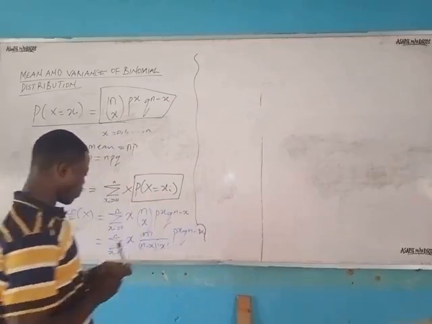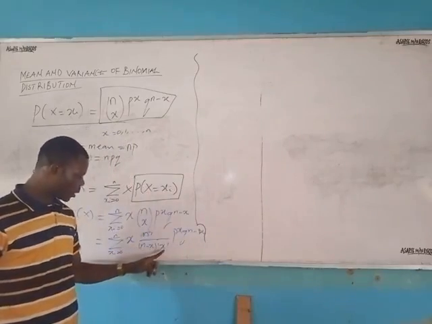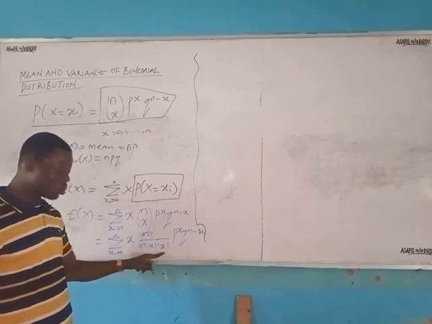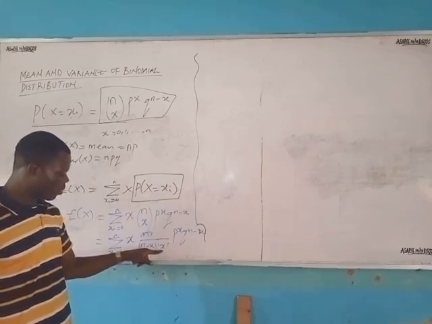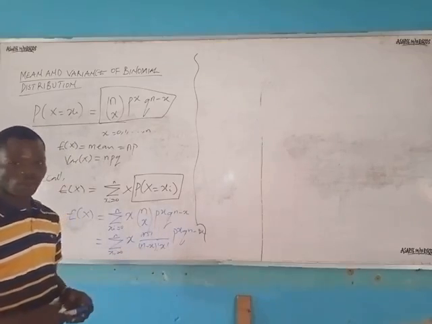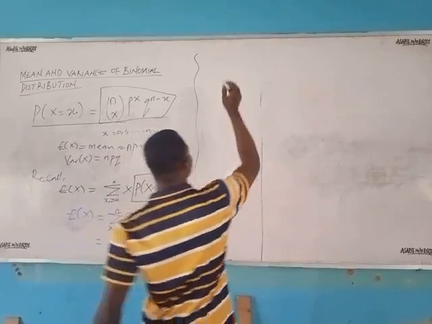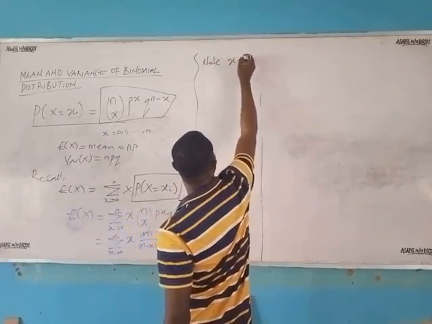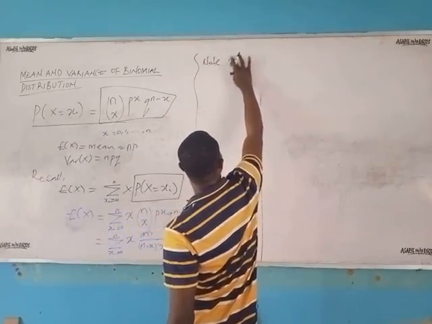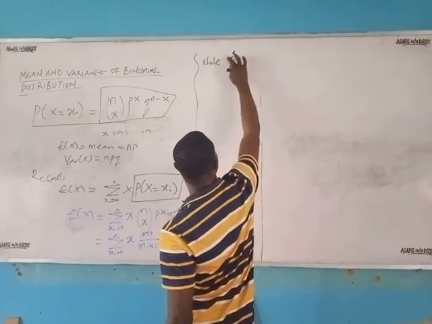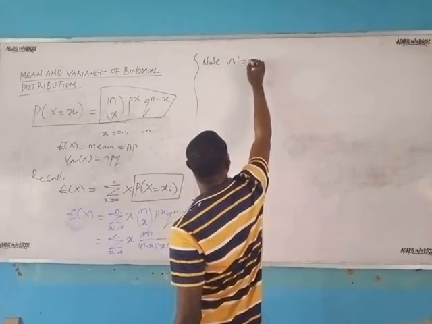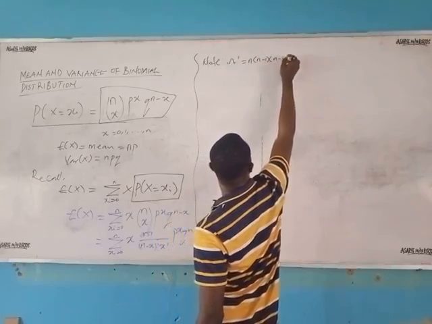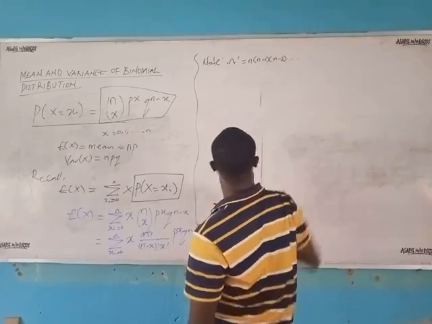We want to look for a way to eliminate this x, and to do that, we need to express the value of x factorial. As you know, n factorial is equal to n into n minus 1 into n minus 2, like that.